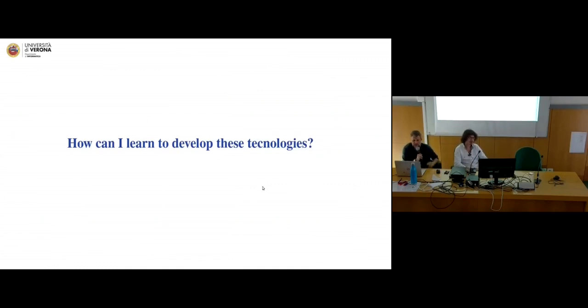So the question now is how I can learn to develop these technologies. And what we would like to do here is to present a degree which answers this question.